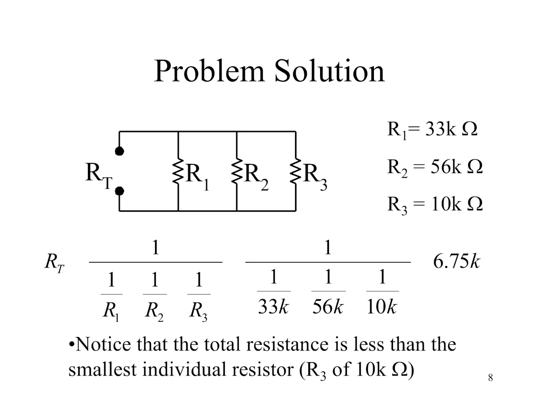So if we look here at processing that, we see that we have a total value of 6.75K, and the resistance is clearly less than the smallest individual value, the smallest being 10K.